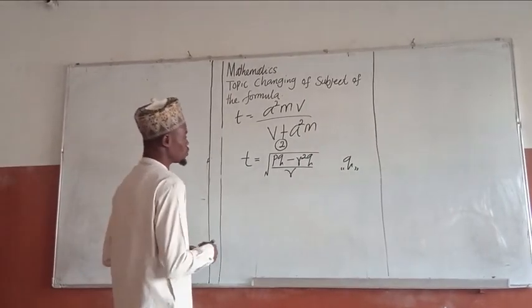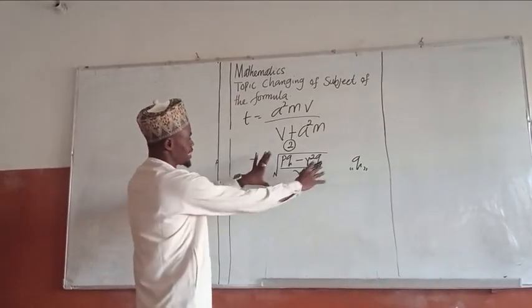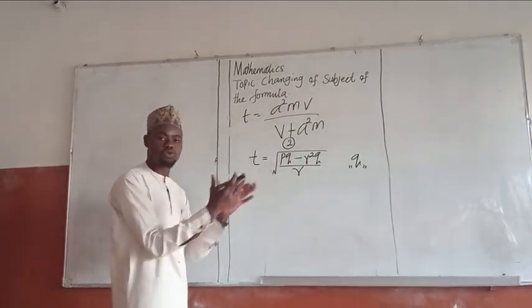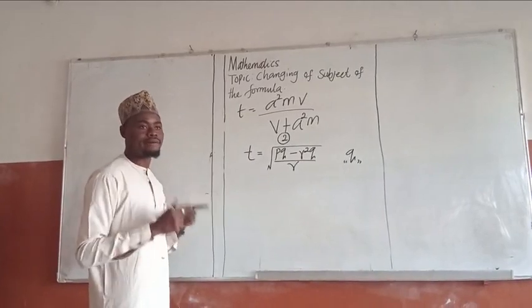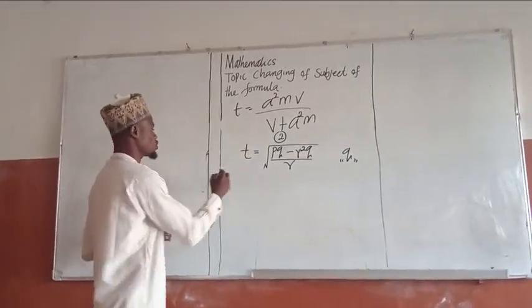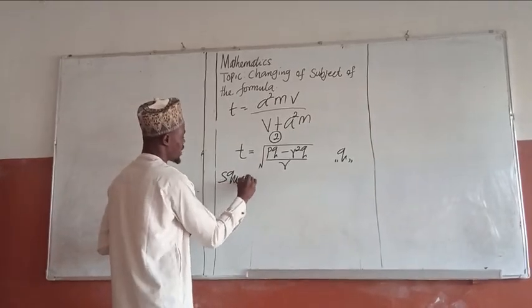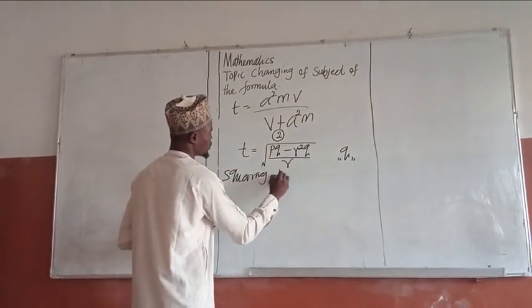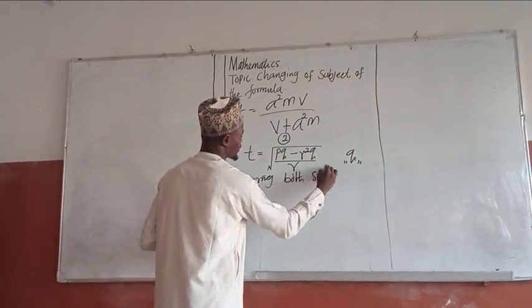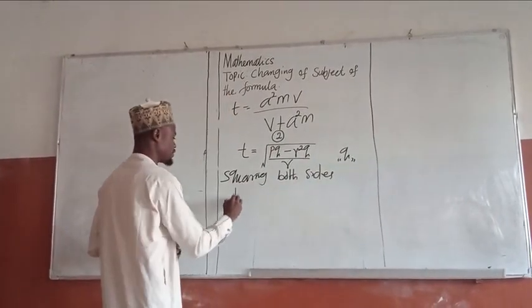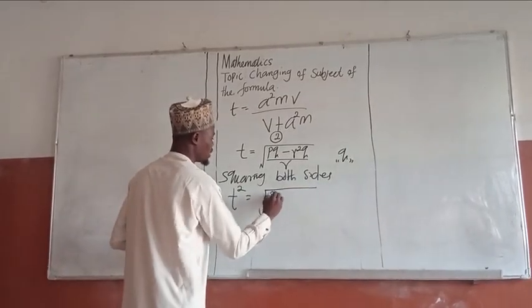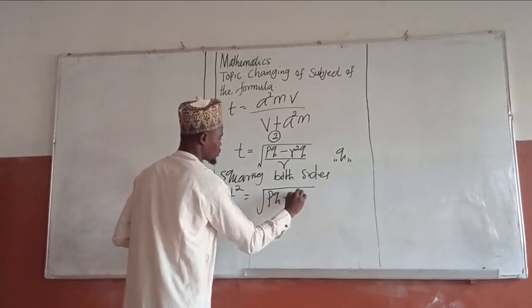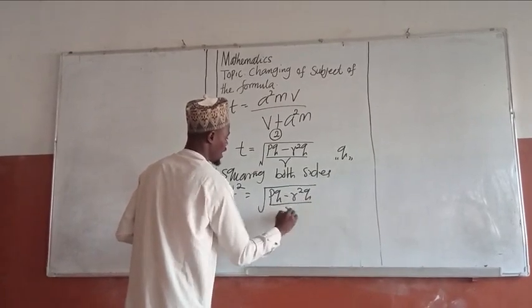Now, look at Q: it is inside the square root. The first thing you should do is to remove the square root by squaring both sides. If I do that, I'm going to have T squared is equal to the square root of PQ minus R square Q all over R, all squared.